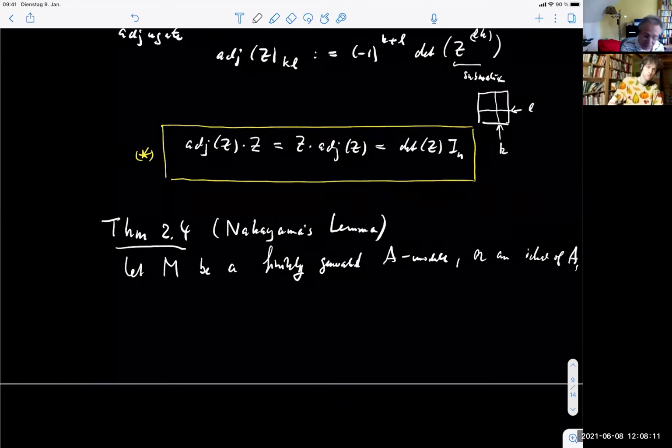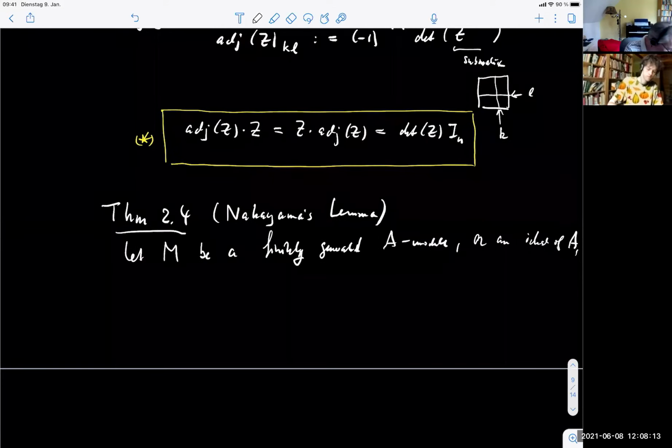In the field situation you don't have this ideal, it's uninteresting. And I have an A-linear endomorphism, which I denote by phi. Please remember that this symbol stands for our module of A-linear maps from M to M.